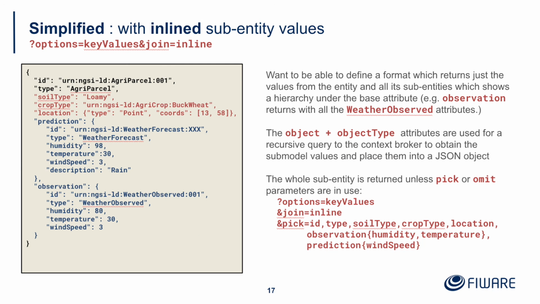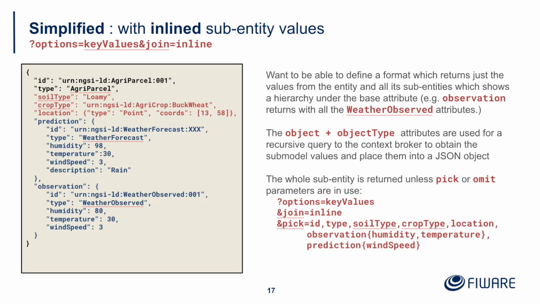The simplified format, of course, is lossy, but it does give you back all the information within the object itself. So in this case, if I have a prediction, which is a relationship, and I don't use join, I'll just get the ID of the relationship, which is the weather forecast. But if I do use inline join, I'll get all the data for that entity just as attributes. So you can see that you've got things like prediction.windSpeed would be sufficient.